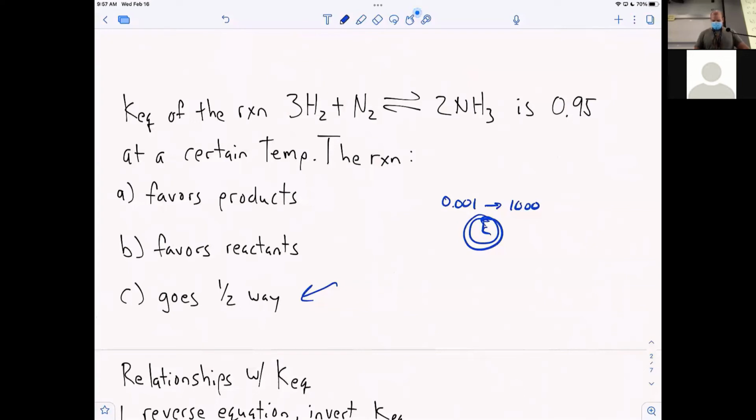If you see a K value in this range, a thousandth to 1,000, that means you're probably going to see all species. You'll see both reactants and products. And so why do we care? Well, it depends on the context.